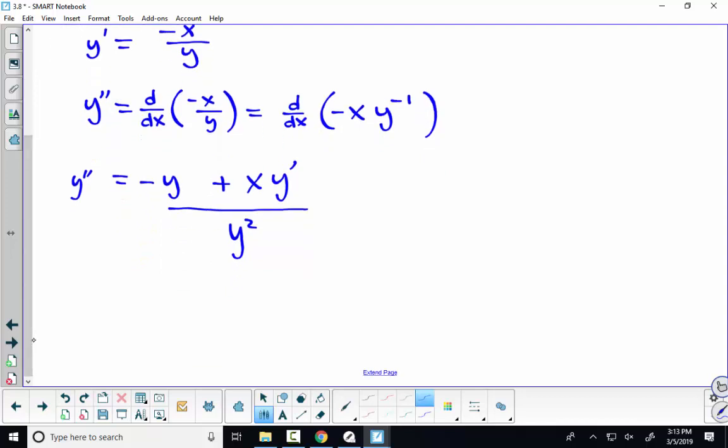So there's the second derivative, but we do have a way to simplify this because of that y prime sitting there. We know what that is, right? We know that y prime is negative x over y. So we're going to use that relationship to write this as negative y plus x times negative x over y, that's y prime, all over y squared.